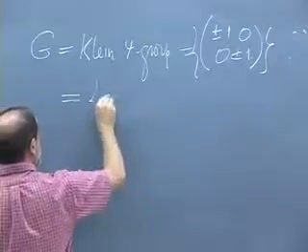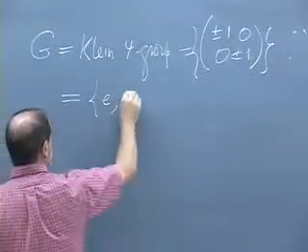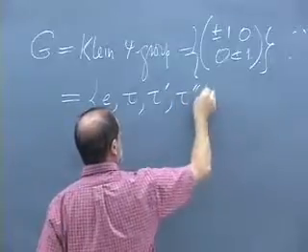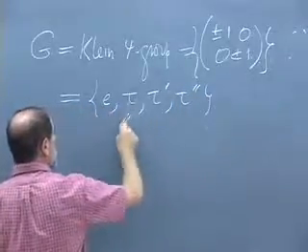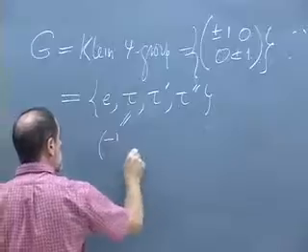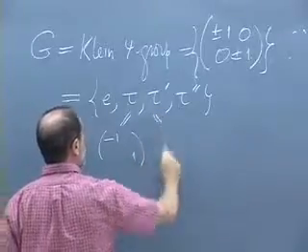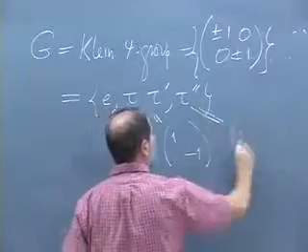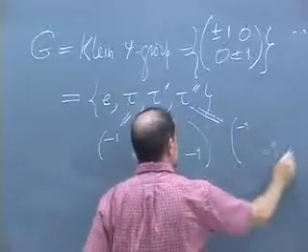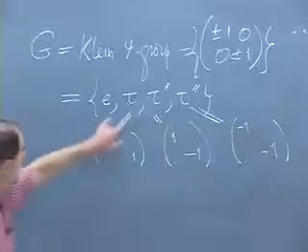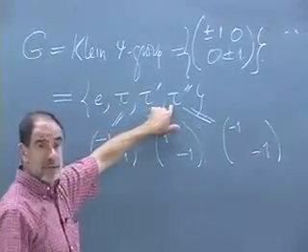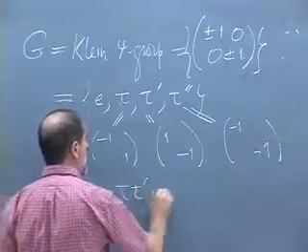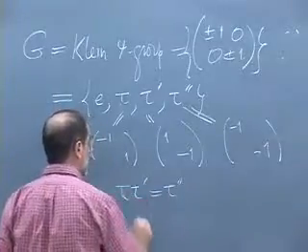There's the identity element, and then there are 3 different things of order 2. So this could be the matrix minus 1, 1. And this could be the matrix 1, minus 1. And this could be the matrix minus 1, minus 1. And they have the property that if you take the product of any 2, you get the third. So you have to check that, but that's not so hard. So, for example, tau tau prime is tau double prime, etc.